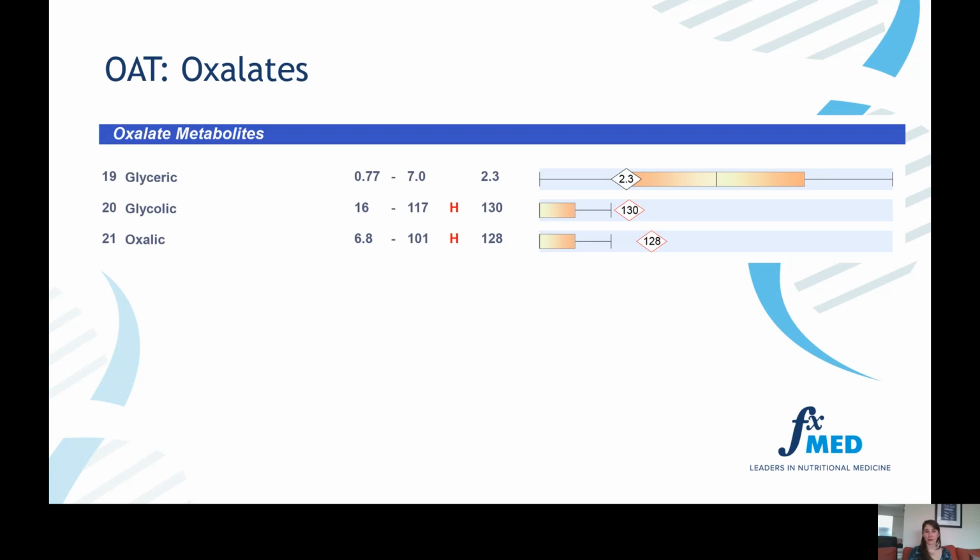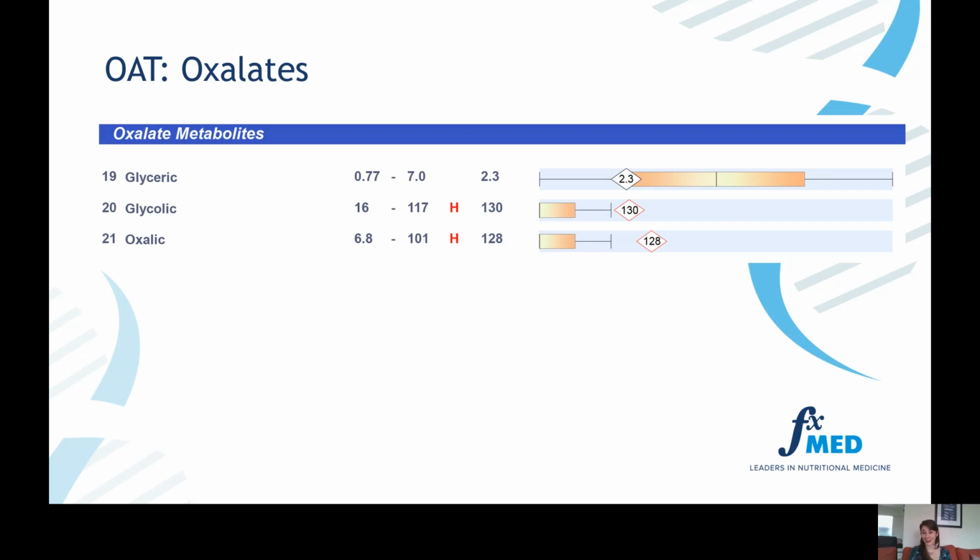Now, oxalates can come from the inability to process out oxalate that is normally occurring in food. It can also be caused by high oxalate diet. Sometimes people get really excited about green smoothies, and they start having lots of green smoothies, but they may not be doing themselves any favor, because they could just be adding a lot of oxalates to their diet and they might not be processing those out.